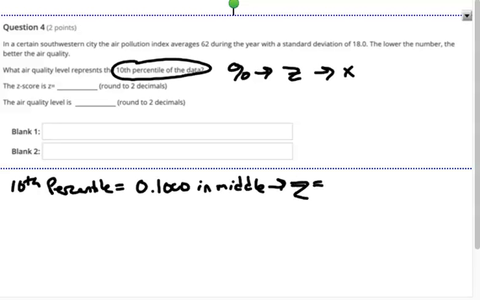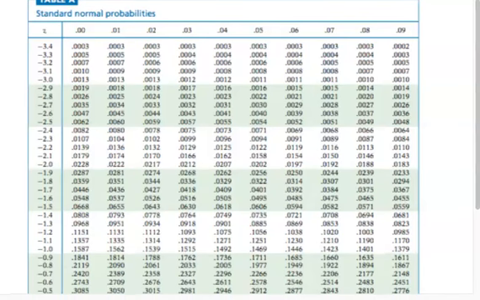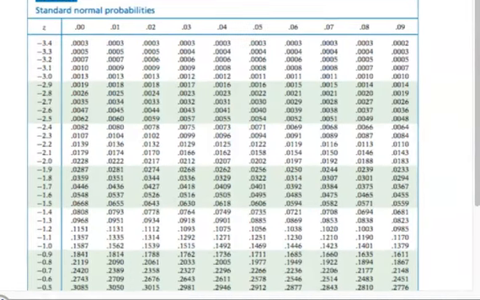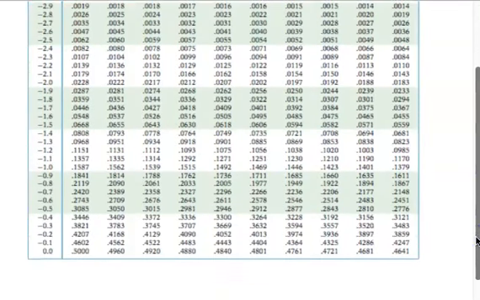Okay? So you want to go on the negative side of the chart. You want to look for how close can we get to exactly 10%. So 0.1000 is what we're looking for in the middle. So when we do that, here we have 0.10003.